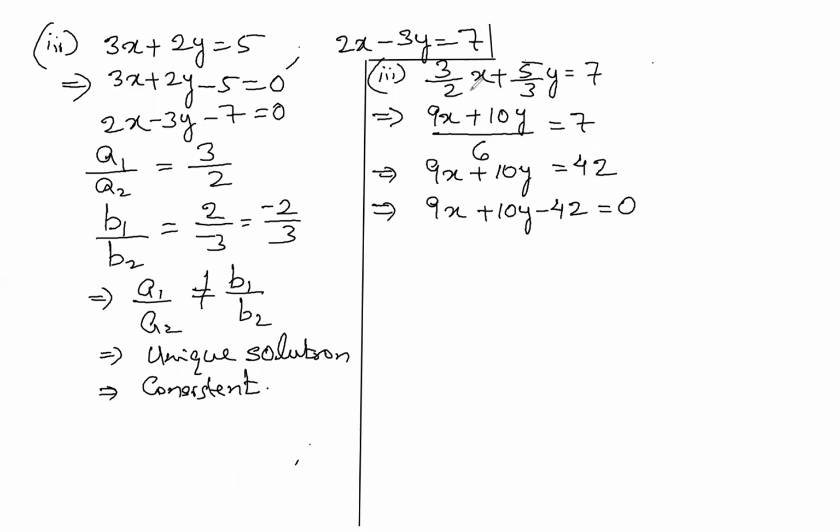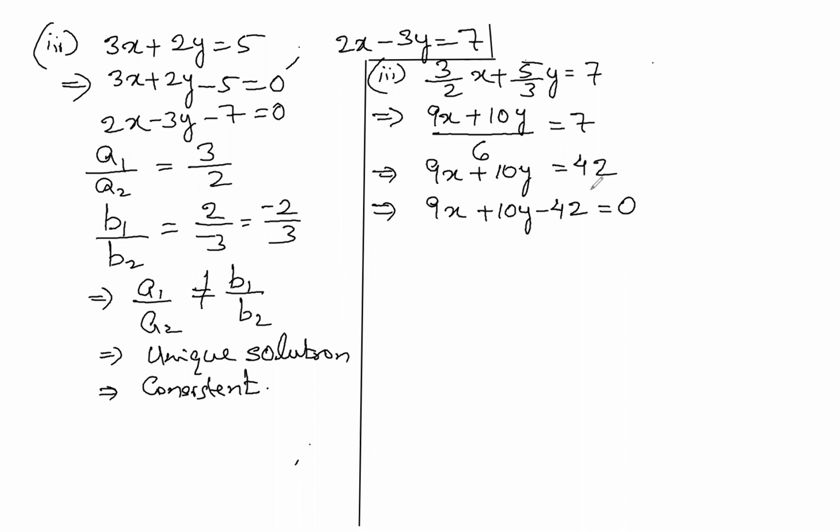So first part multiply by 3, you will get 9x, and second multiply by 2, you will get 10y. Whole divided by 6 is 42 at 7. So we can use the alternate method, no problem. By keeping the same coefficients, we can do, no problem. But here I made a simplified form for the division.